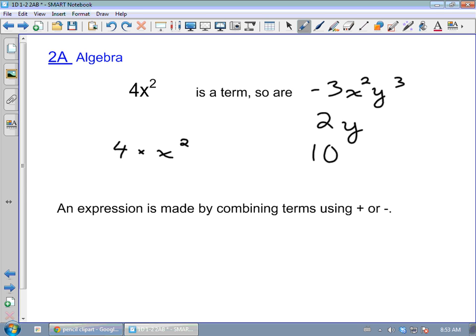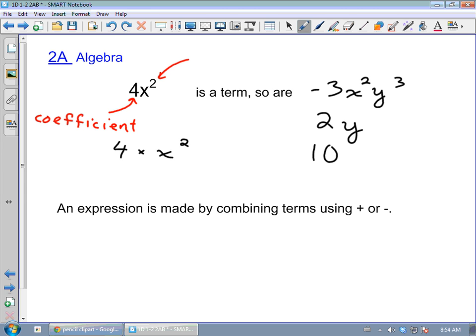Okay, so the parts of a term, this number out in front, we call the coefficient. I think the learning guide uses the phrase numerical coefficient to emphasize the fact that it's a number. I'll usually just call it the coefficient. If we have one of these numbers that's kind of up above, what do we call that number up there?